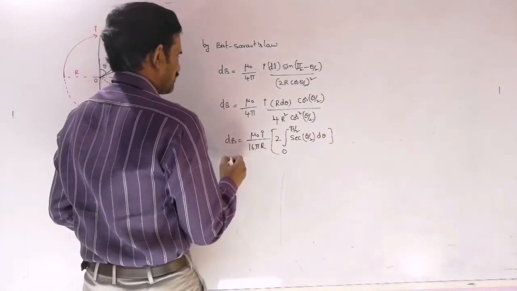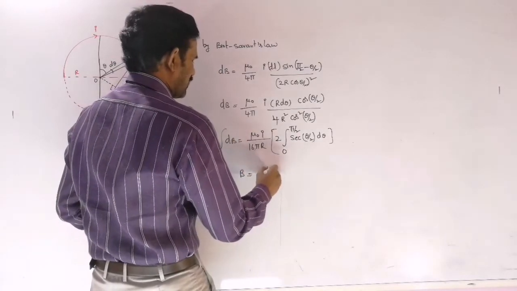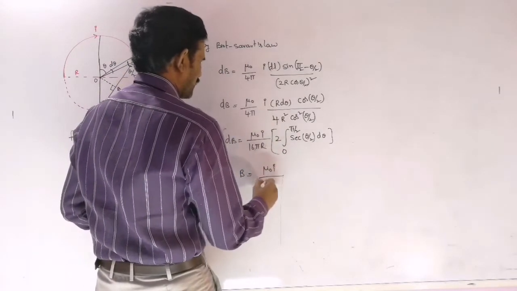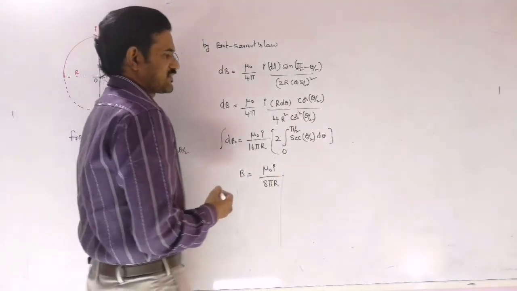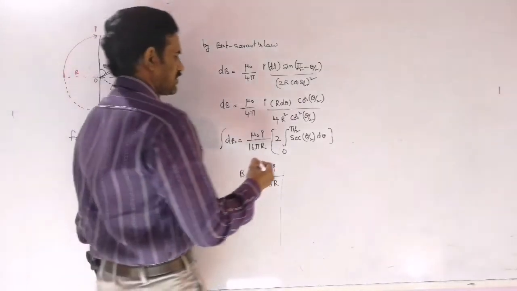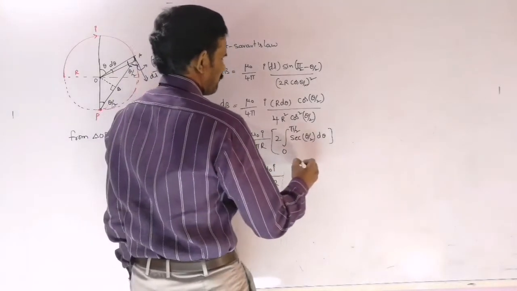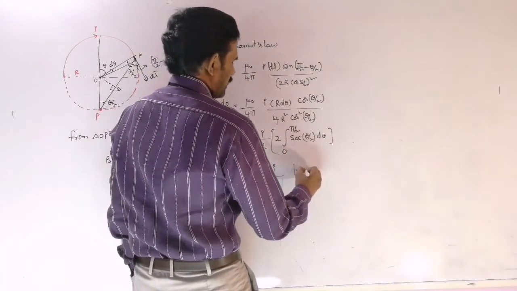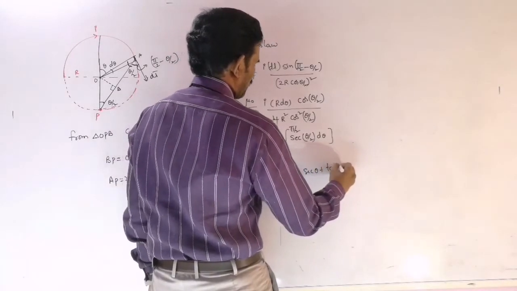So therefore this magnetic field will be equal to mu naught I by 8 pi R into, so what is the integration of this secant theta? The secant theta integration is nothing but ln of secant theta plus tan theta, right?